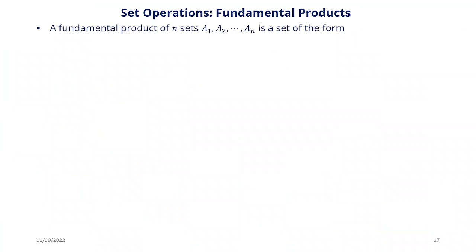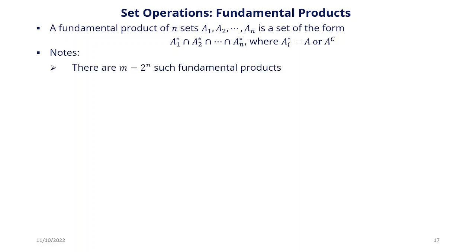Let's look at set operations. We begin with fundamental products. A fundamental product of n sets A1, A2 to AN is a set of the form A1 asterisk intersection A2 asterisk intersection all the way intersection AN asterisk, where A asterisk indicates A or the complement of A. Notes: there are m equal to 2 raised to power n of such fundamental products, depending on how many sets you have.